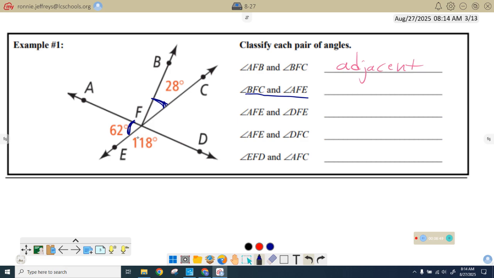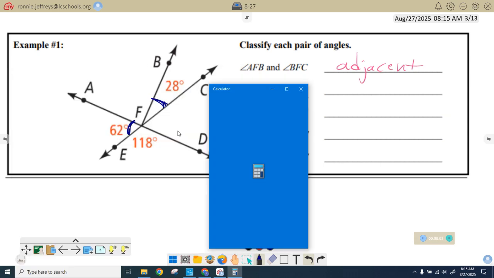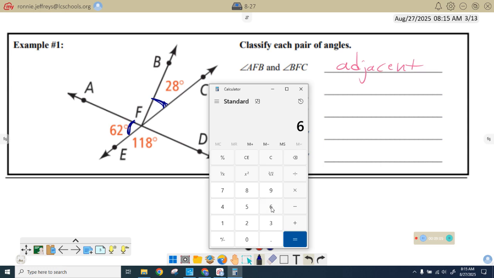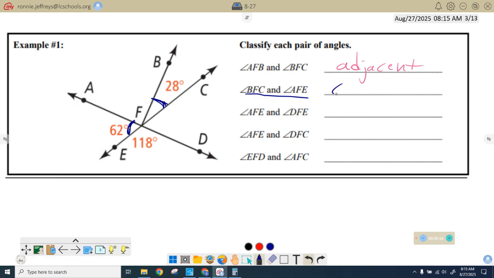They don't really fit any of our definitions. Let's see if they add up to something. 62 plus 28. Yeah, they're 90. So these are complementary.